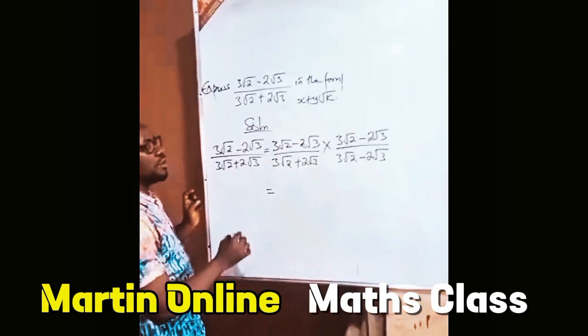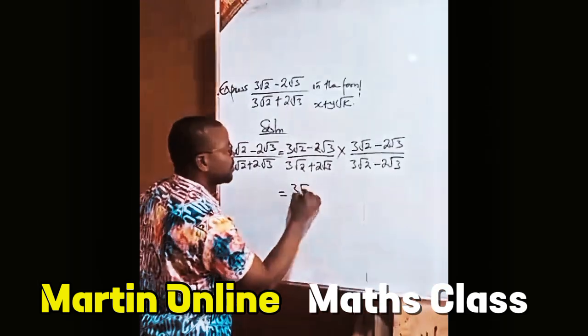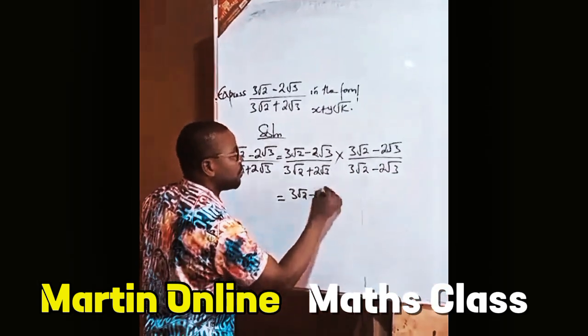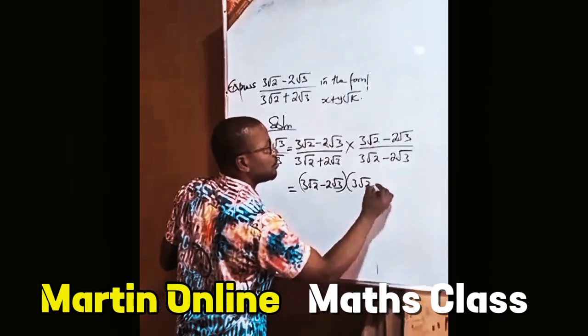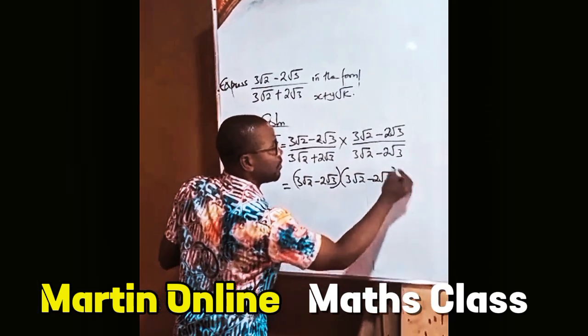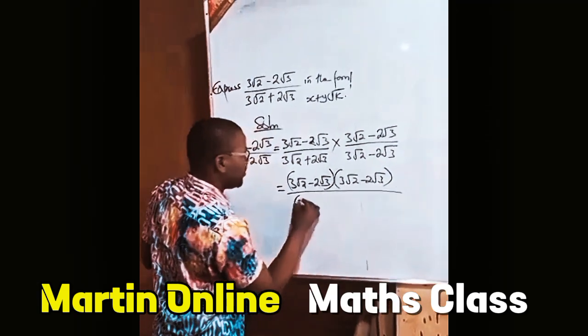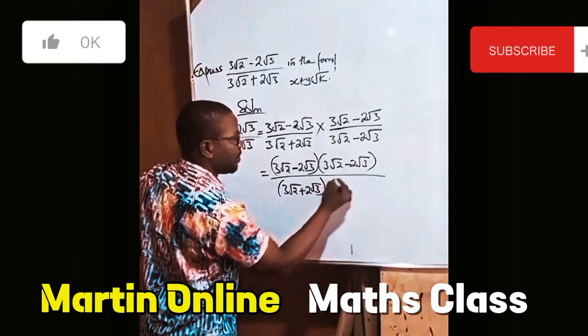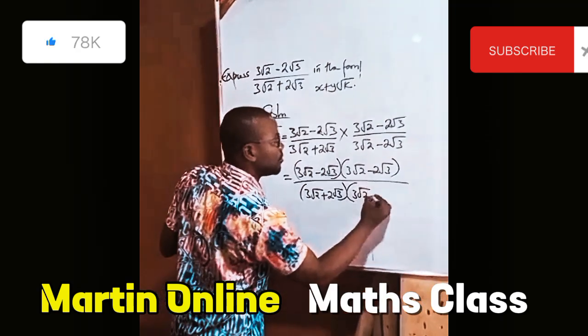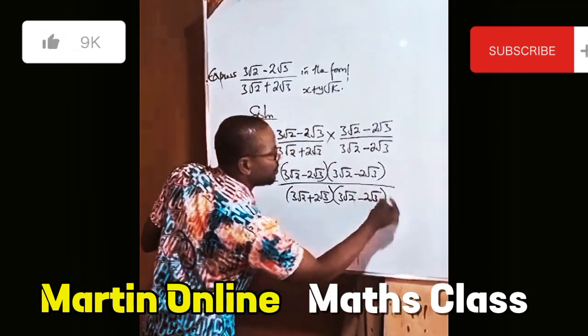So I'll multiply the numerator: (3√2 − 2√3)(3√2 − 2√3), over the denominator (3√2 + 2√3)(3√2 − 2√3).